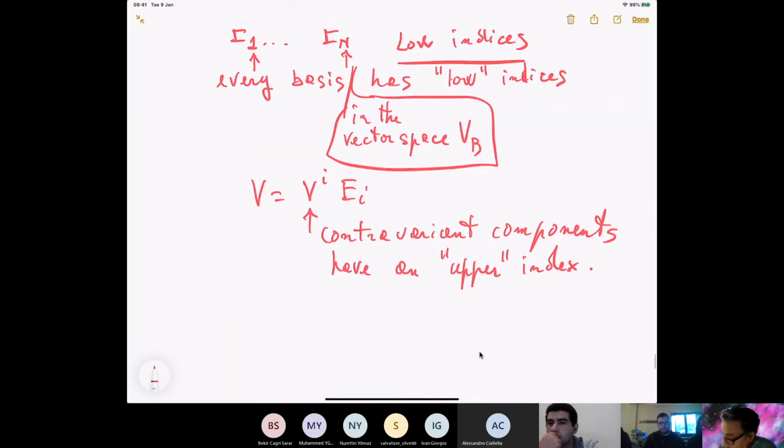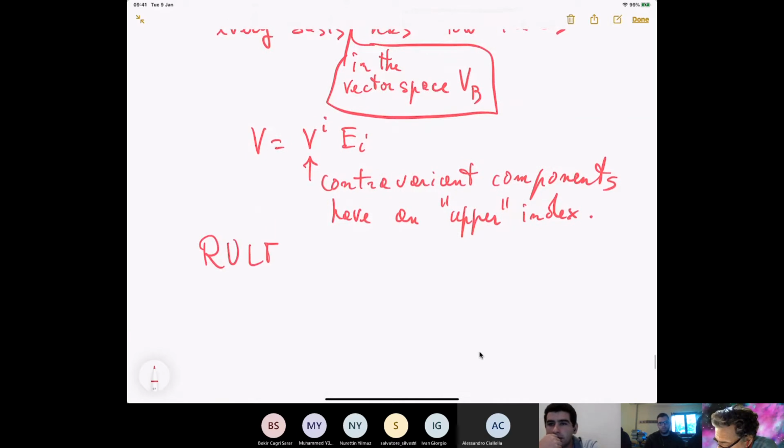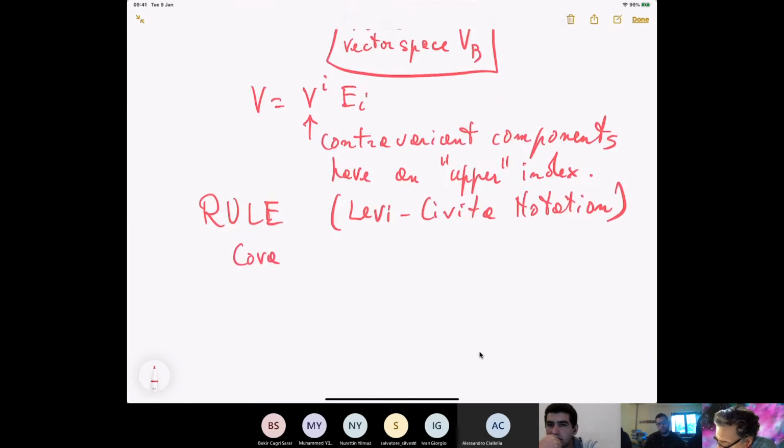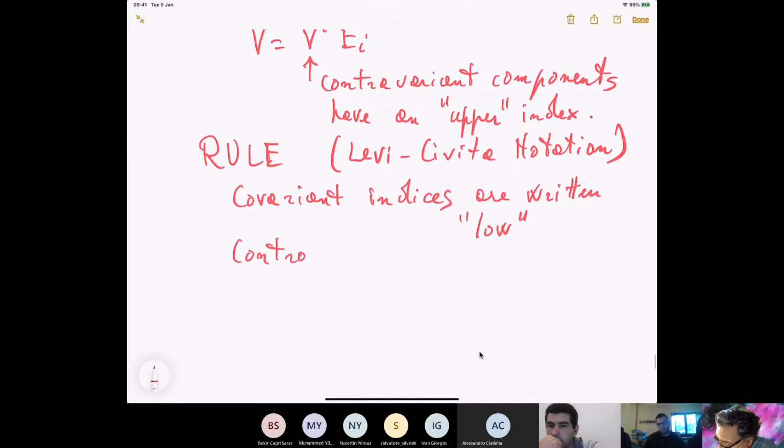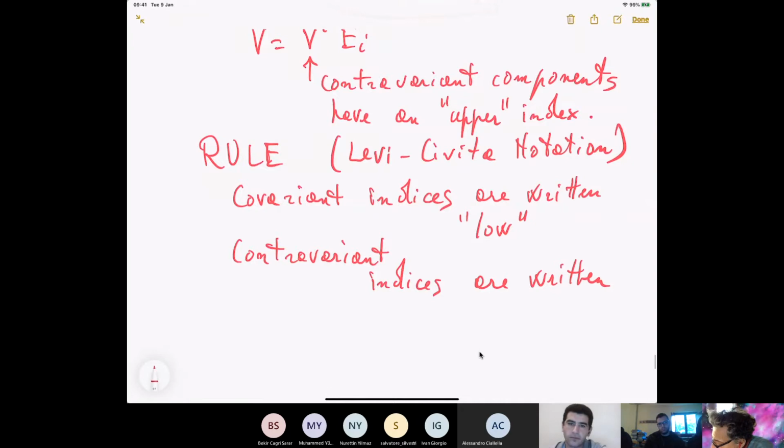So the rule in Levi-Civita notation: covariant indices are written low. Contravariant indices are written up.